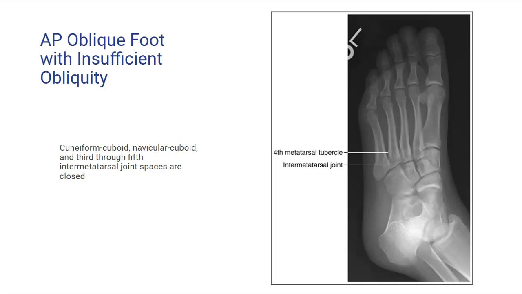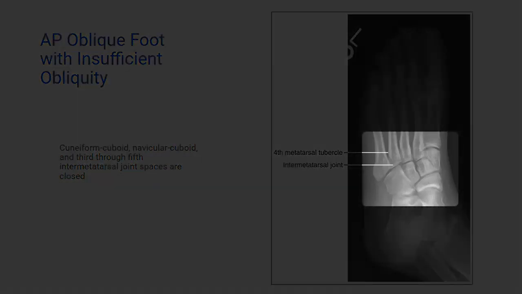So now let's look at how to identify insufficient foot obliquity. When the foot is insufficiently obliqued, the longitudinal joints such as the cuneiform, cuboid, navicular cuboid, and the 3rd through 5th intermetatarsal joint spaces will remain closed.